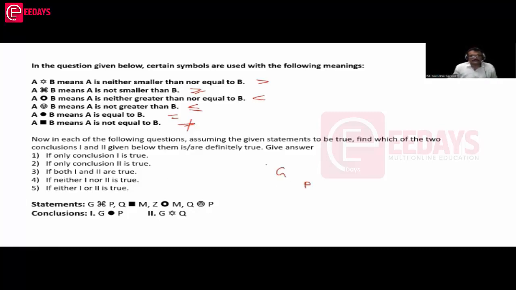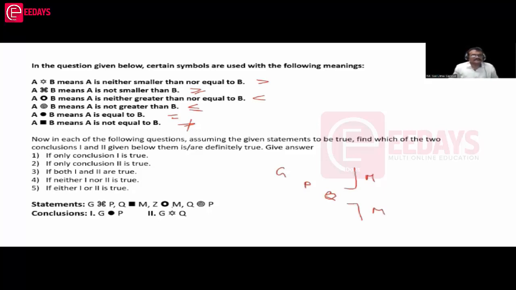Now choose the relation with respect to either g or p. Here p is there. q is less than or equal to p. Either q is here or here, it is not a valid diagonal. Next, q is not equal to m.